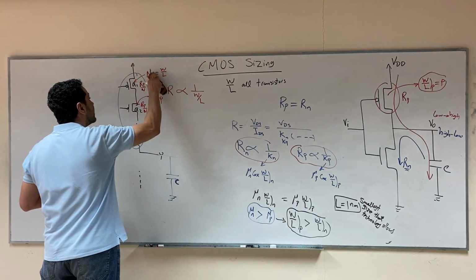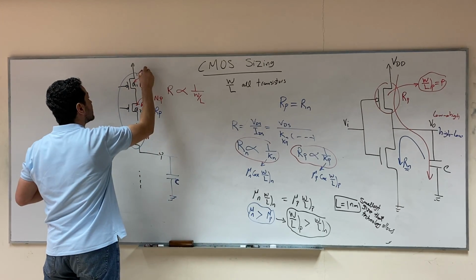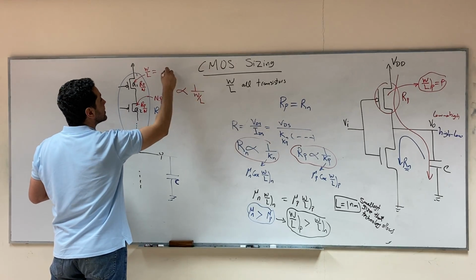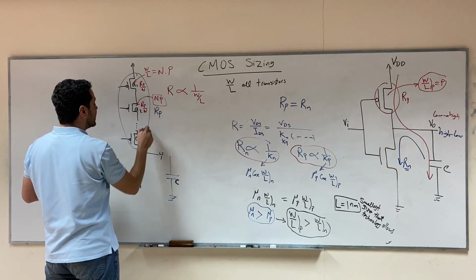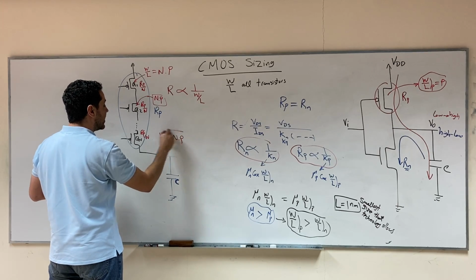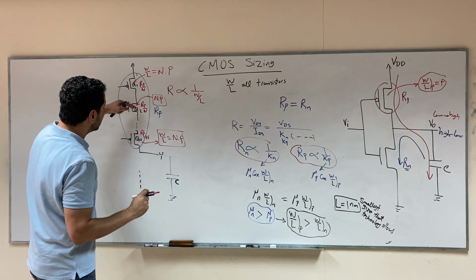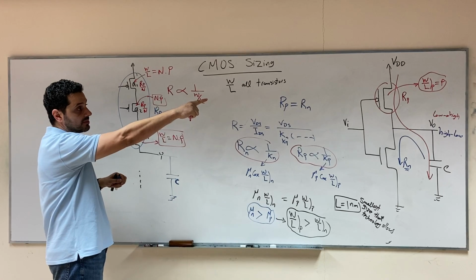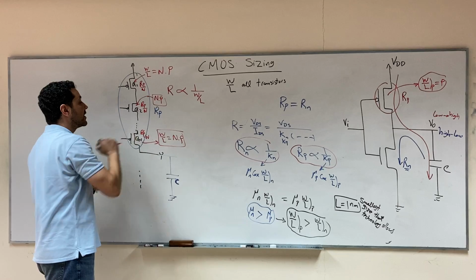Let's write it clearly. So W over L of this transistor will be P, which is W over L of the PMOS inverter, multiplied by N. Same here, N P. Same here, W over L will be P multiplied by N. So when you have transistors in series, you have to divide the resistance of the transistor in the CMOS inverter by the number of transistors.